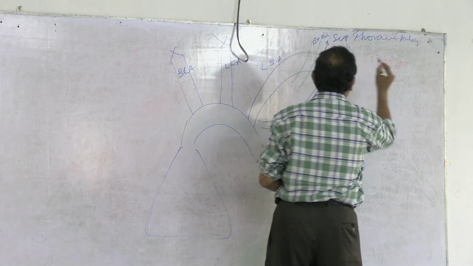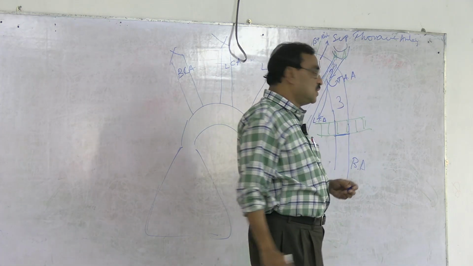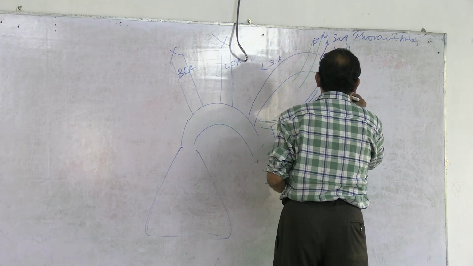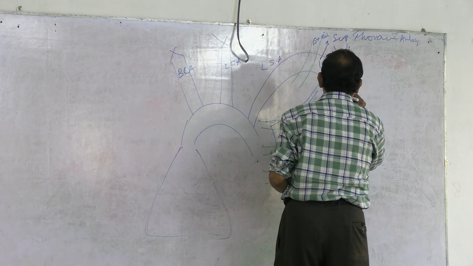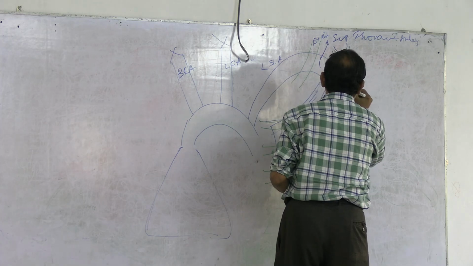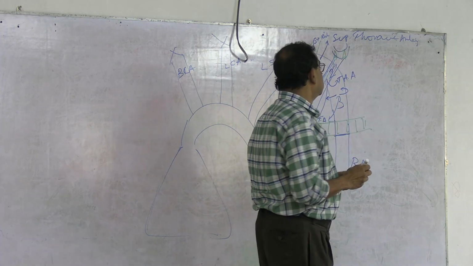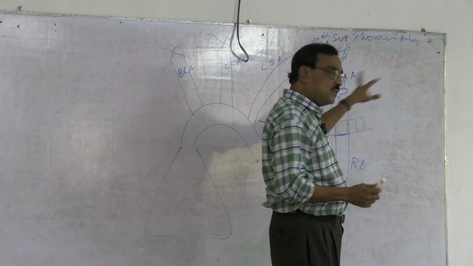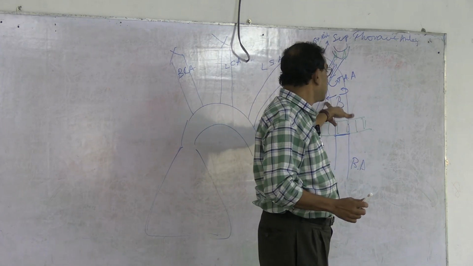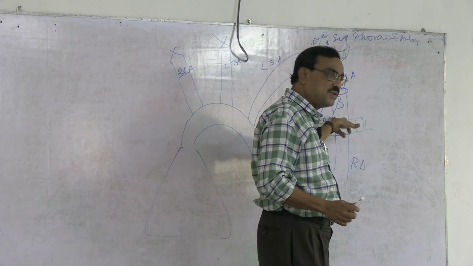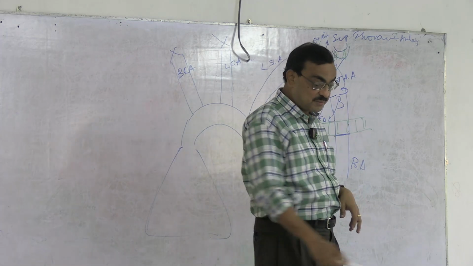And from the third part, one artery will go anteriorly, one artery will go posteriorly, and one artery will come down. That we will learn later on: anterior humeral circumflex, posterior humeral circumflex, and subscapular.